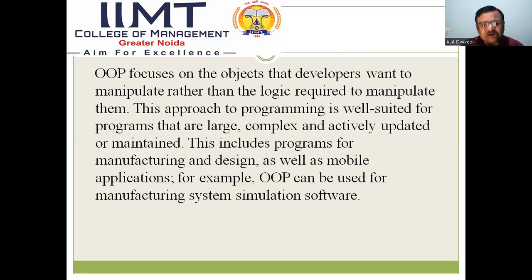OOP focuses on the objects that developers want to manipulate rather than the logic required to manipulate them. This approach to programming is well suited for programs that are large, complex, and actively updated or maintained.